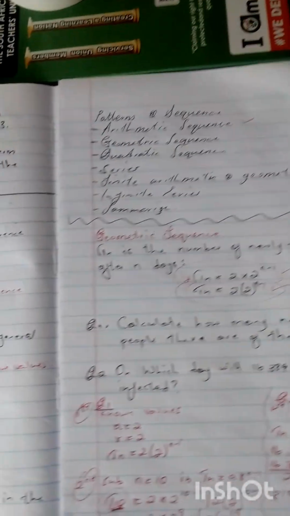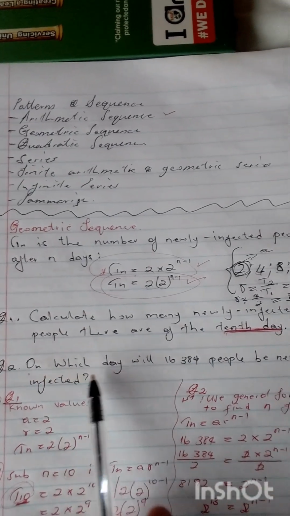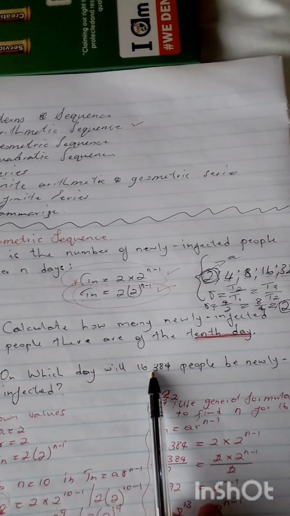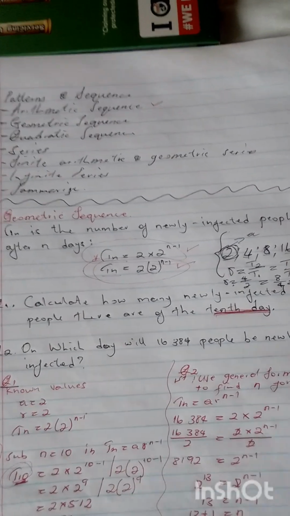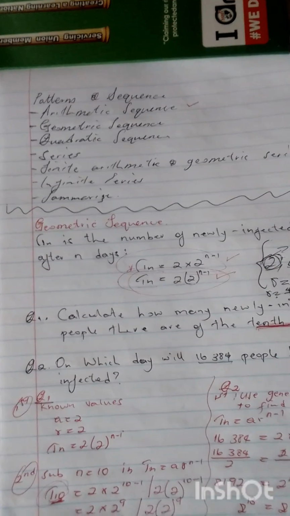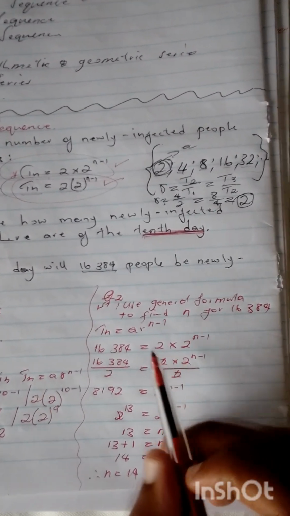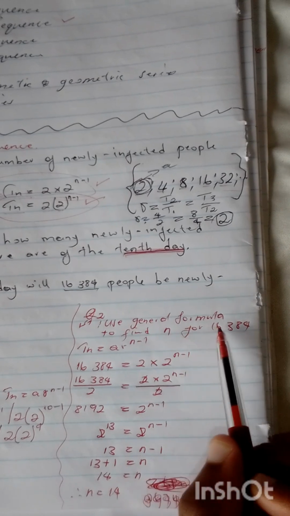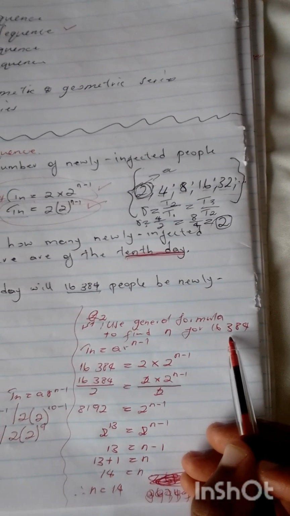Let's now go to the second question. The second question says, on which day will 16,384 people be newly infected? On which day will this number of people be infected? For this, we need to use the general formula to find n for 16,384.